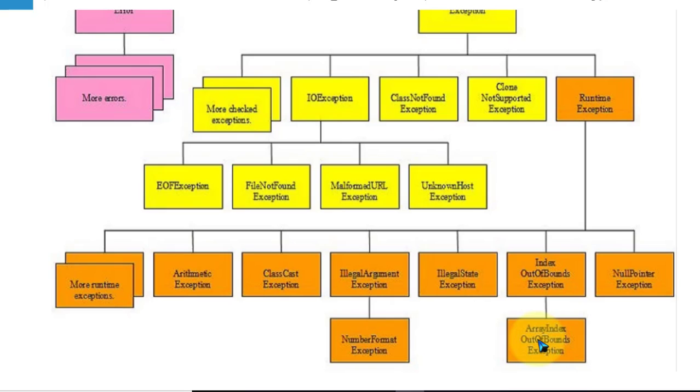It is related to the array where you are accessing an element, but that index is not available. Suppose your array has 10 elements and you are trying to access the 11th index, 12th index, 13th index. That index is not available, so how can you access it? So it is an index out of bound exception. Your index range is out of bound.